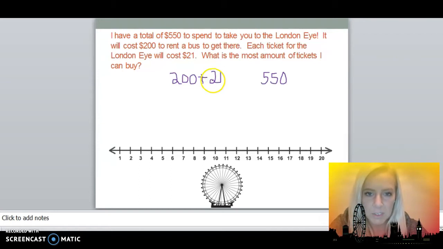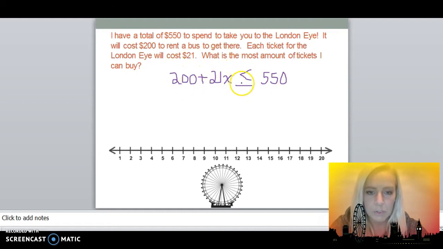So the number of tickets is going to be represented by x. I cannot spend over $550. So that means the most amount of money that I can spend is $550. So I'm going to use the inequality symbol less than or equal to, because I need to spend an amount that is less than $550 or equal to $550.